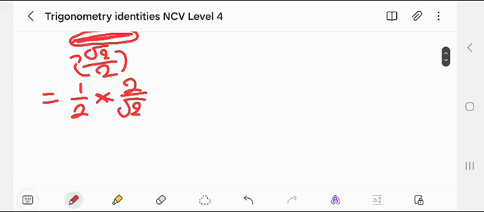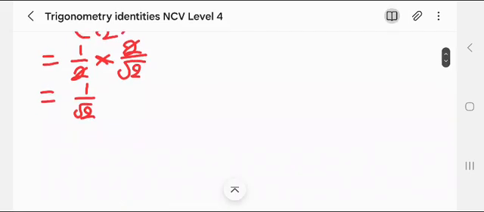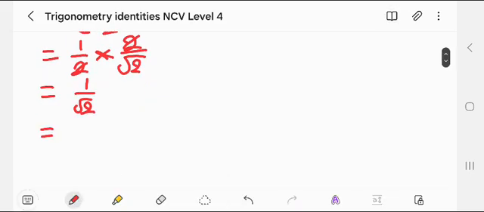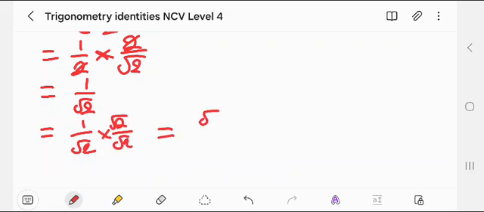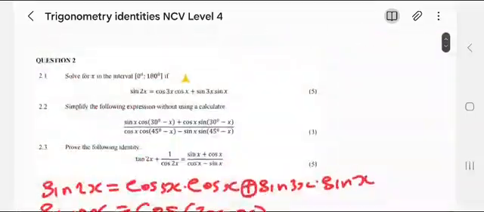Then you see this will simply cancel. We'll have 1 over root 2, whereby you can say 1 over root 2 multiplied by root 2 over root 2. This will be equal to root 2 over 2. This is what we have so far.